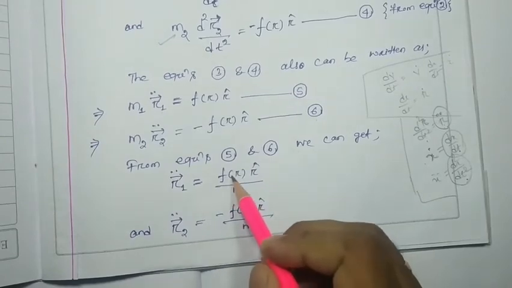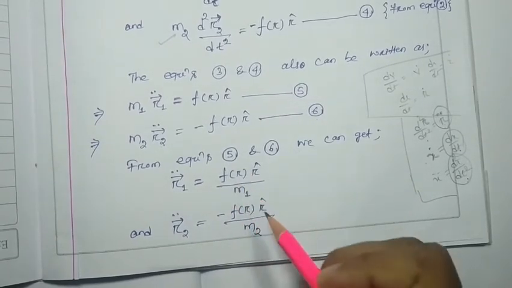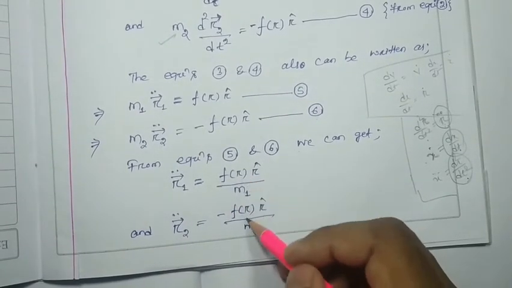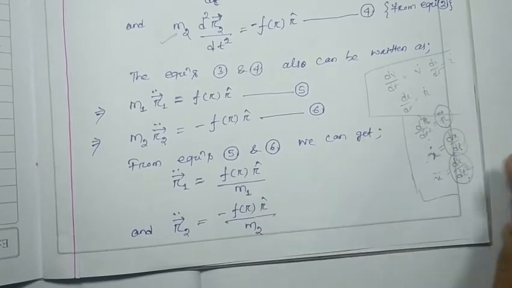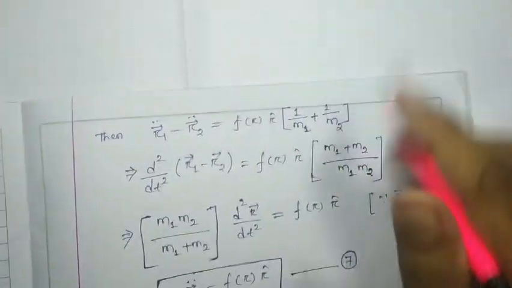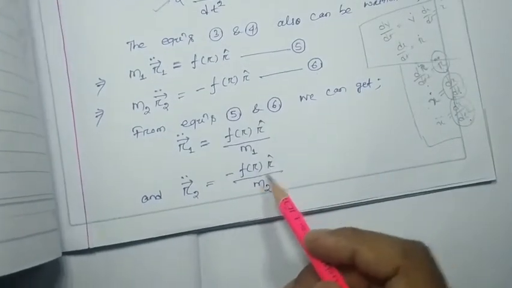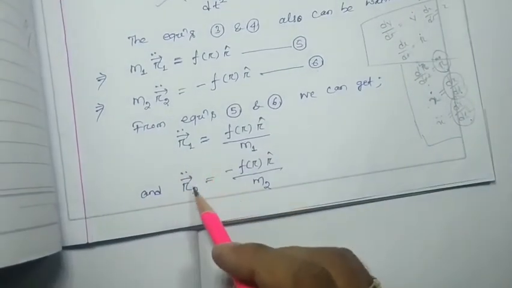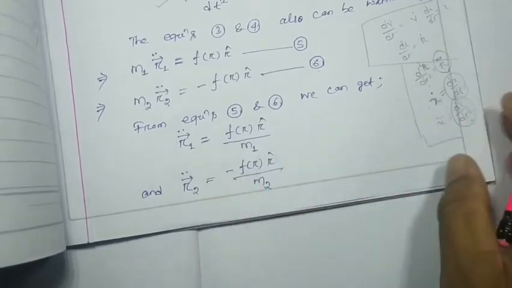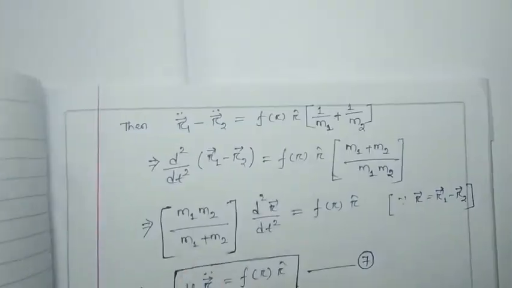Here f r cap is the same in both, the common term, and this can be taken outside. So f r cap into 1 by m1 plus 1 by m2, because minus of minus will be plus, so it will be plus 1 by m2.